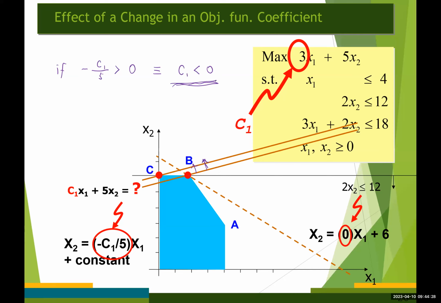So if C1 is less than 0, then the current basis is no longer optimal, and the point C becomes the new optimal point. That's what I can say.